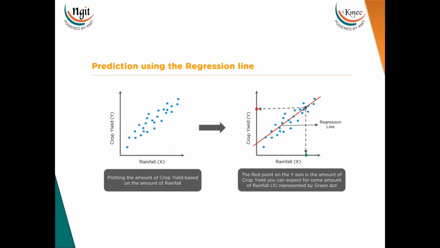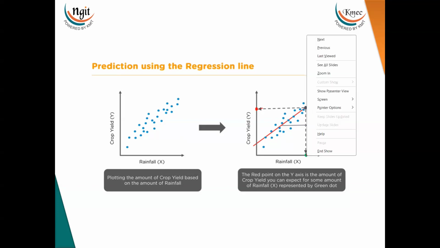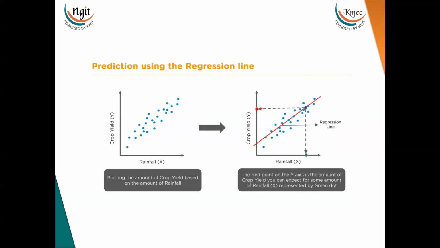The red point on the y-axis is the amount of crop yield you can expect for some amount of rainfall x, represented by the green dot. Suppose for a given rainfall, the prediction of the crop yield is this one. This is a straight line representation, the regression line showing how much crop we can predict in the coming years.